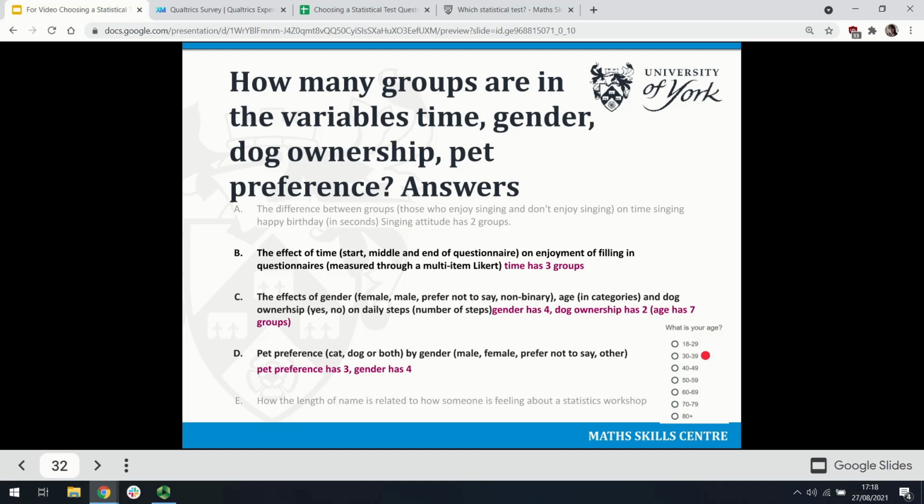In that case, you'd have to start thinking about how many groups age has in your data. So even though we intended it to have 7, it might be that when it comes to your data, you only have 2 groups. And then your data is going to behave a bit more like nominal data rather than ordinal. So watch out for that one. Our pet preference has 3, cat, dog, both, and gender we've already seen has 4.